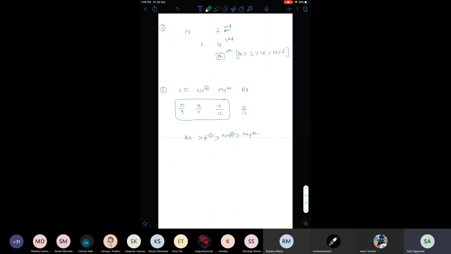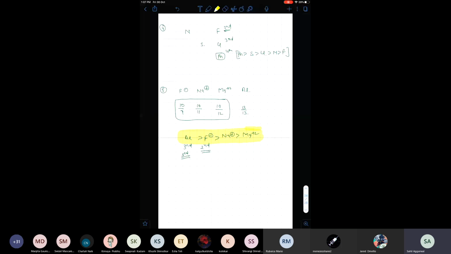This is the neutral atom. Third period, second period. ये होना चाहिए इसका. All of you understood this?